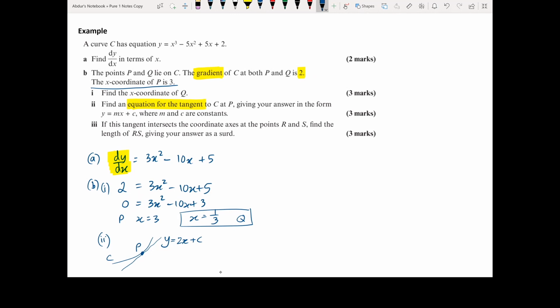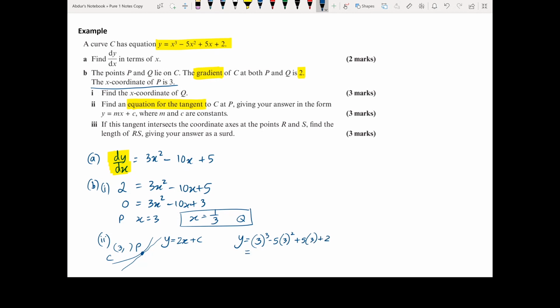We know its x value is 3, and the y value, we don't know. But I can find the y value since I have the equation that relates y and x. So y is equal to 3, which is the x value at P, cubed minus 5 times 3 squared, plus 5 lots of 3 plus 2.